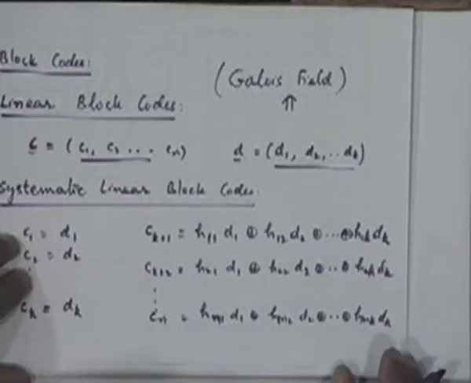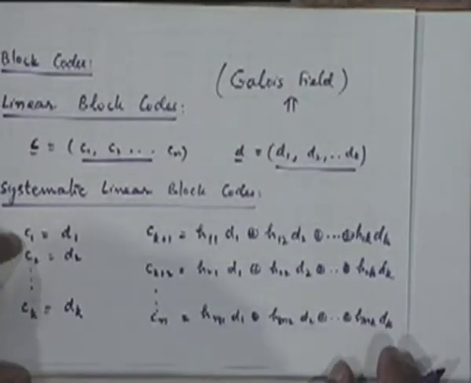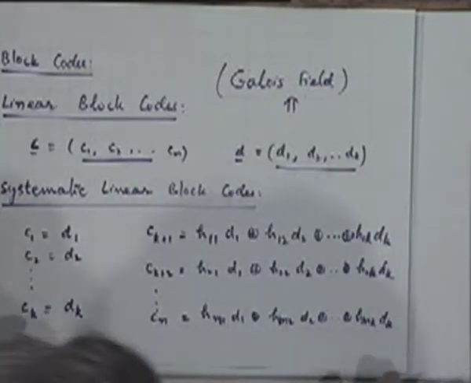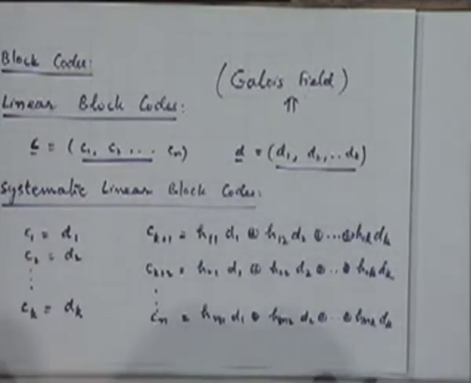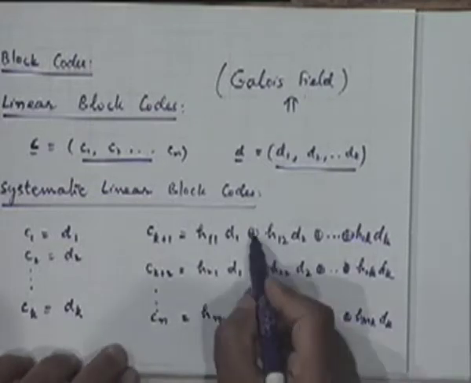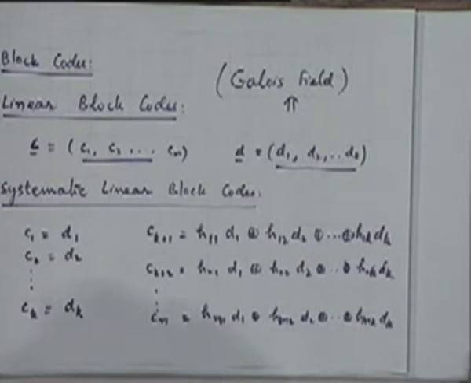You are quite right, because there are only n minus k check bits, and these are the check bits, these are the data bits. So the operator you use is an exclusive OR operation, modulo 2 addition, right.